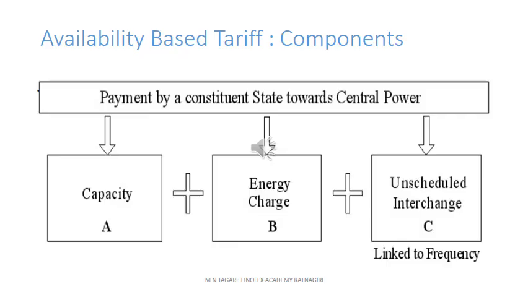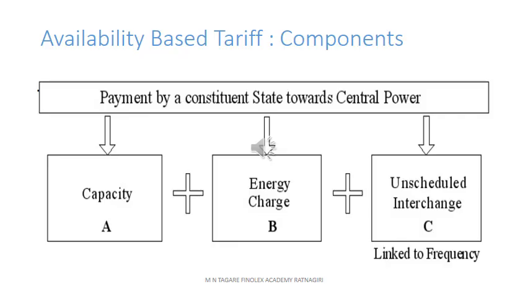And the third component, which is very important, is called unscheduled interchange. Now what is this unscheduled interchange? Basically the generating company and the power distributing company declare: the generating company declares that I am going to produce X megawatt tomorrow, during this period I will be generating this much power.